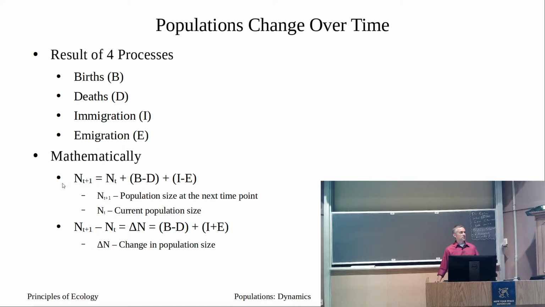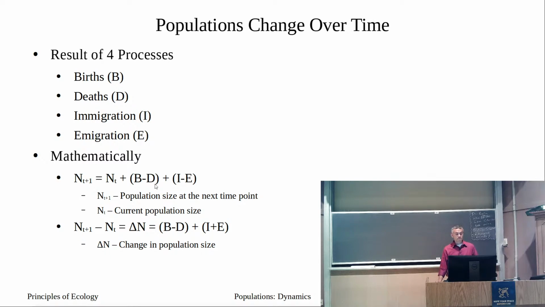Our population at our next time point is equal to our current population size, plus the number of individuals that are born in the population, minus the number of individuals that die in our population, plus the number of individuals that enter our population from immigration, minus those that leave from emigration.